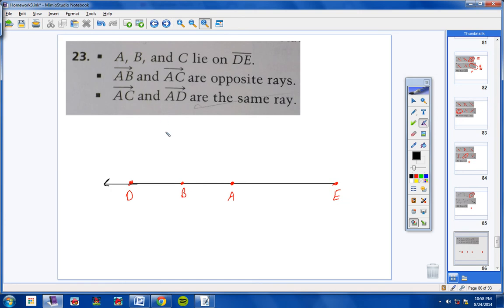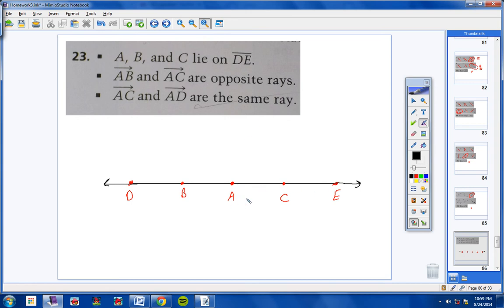So we have ray AB going this way, and it says ray AB and ray AC are opposite rays, so we're going to have to put C right here and then extend the segment like this, and now we have ray AB going this way, ray AC going this way, and all of that is on segment DE. However, look at this. AC and AD are the same ray, and I don't have that.